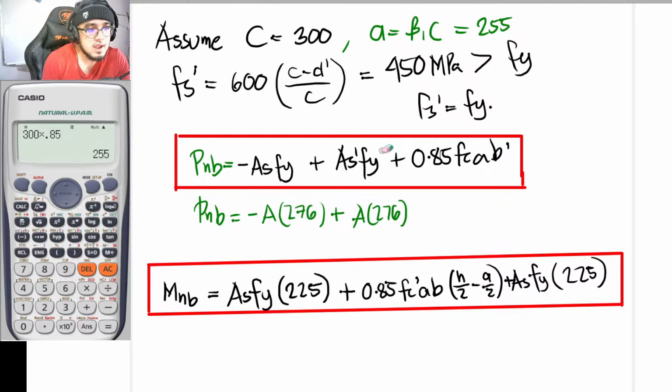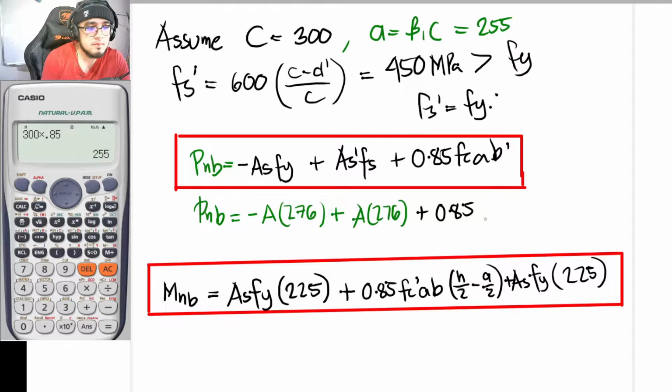It was Fy a while ago because in your balance condition it was shown that your Fs prime yielded. Though it is the same in this manner, I would just be writing Fs here for you not to get confused later on if ever we will be assuming a section that would give an Fs not equal to Fy.